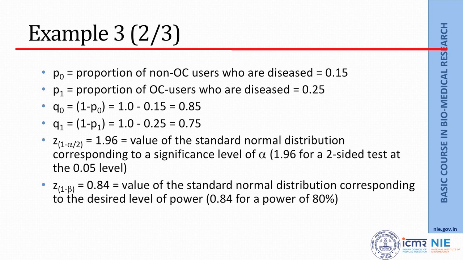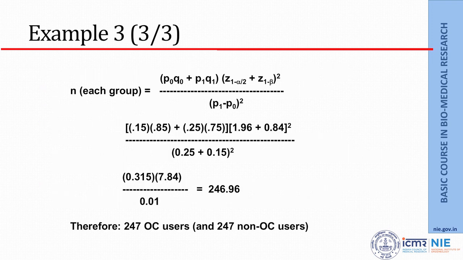Z beta is 0.84. So, we have all these values which can be plugged into the formula, which gives n equal to 246.96 or 247. So, we need to have 247 OC users and 247 non-OC users, and follow them over a period to get the desired result.